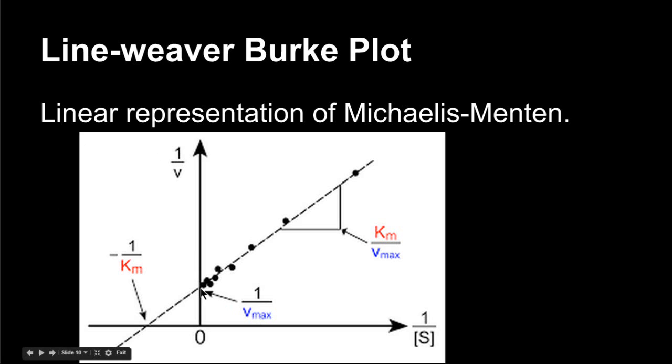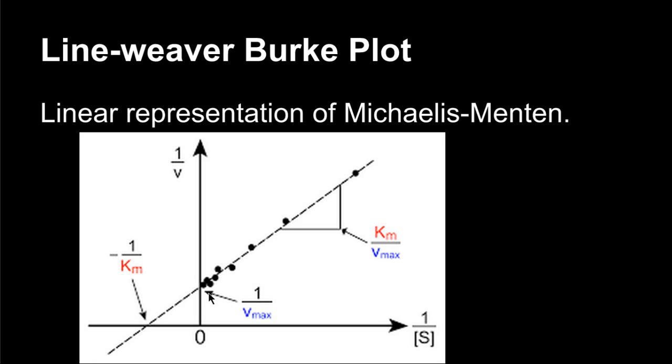So if I wanted to find Vmax, I would just find where my line crosses the y-axis, set that number equal to 1 over Vmax, and then solve for Vmax, and that would give me the maximal velocity of my reaction.